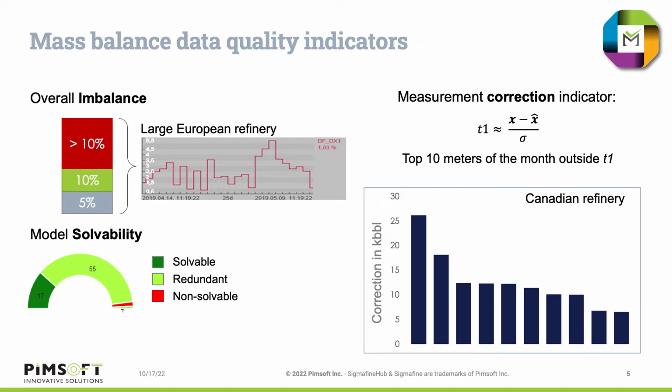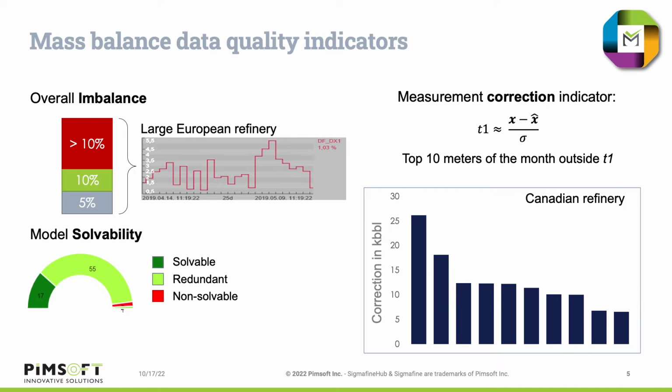Sigmafine also uses indicators, such as the one we see here, a measurement correction indicator, which is really a test. The indicator T1 is obtained by taking the difference between reconciled value and raw value and dividing this by the tolerance. Using this indicator for the different meters of the process, it's possible to rank these meters.